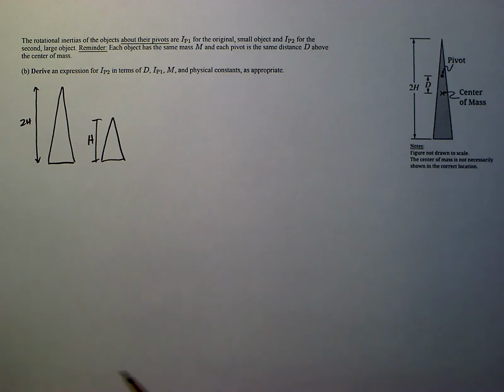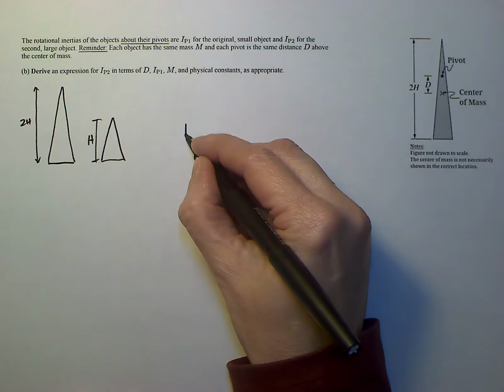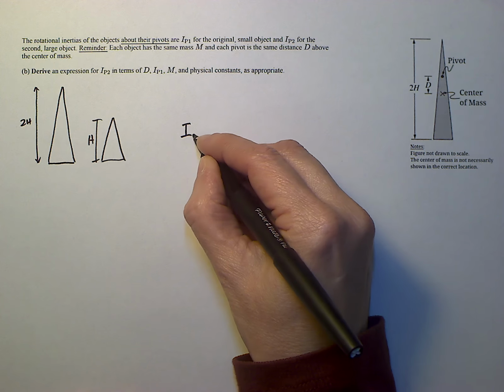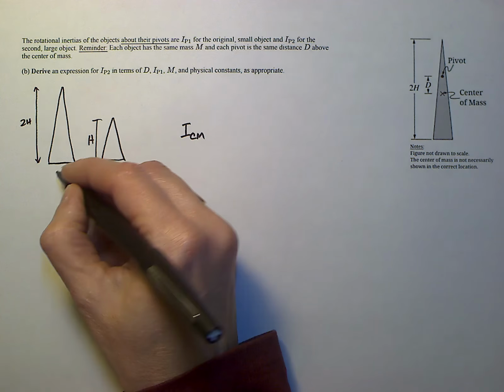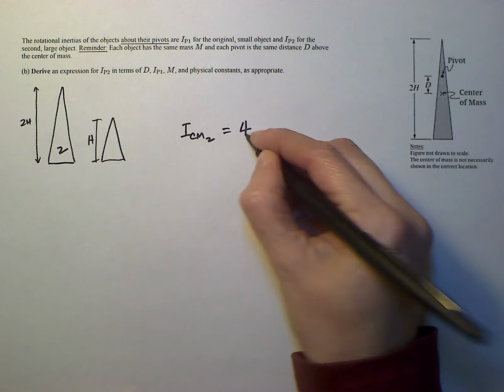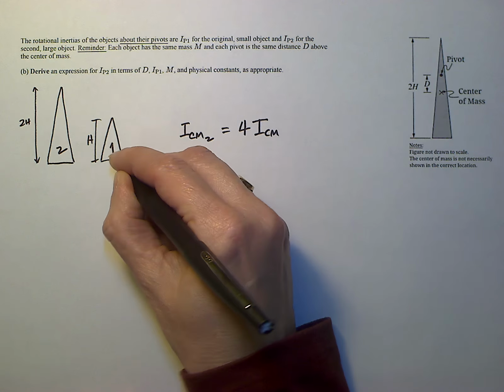All right, all inertia formulas relate to mass and a distance squared. And so if the overall size of the object is doubling, then the overall inertia would be 4 times as big. So just from that thinking, if I just look around the center of mass point, the I around the center of mass for, we'll call this object 2, is going to be 4 times the I about the center of mass for object 1.